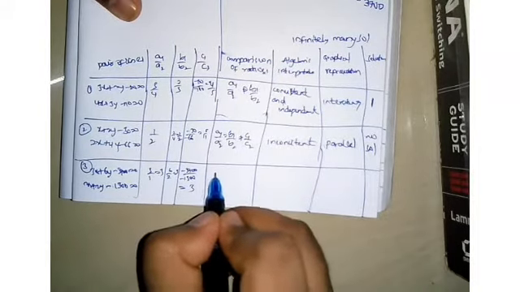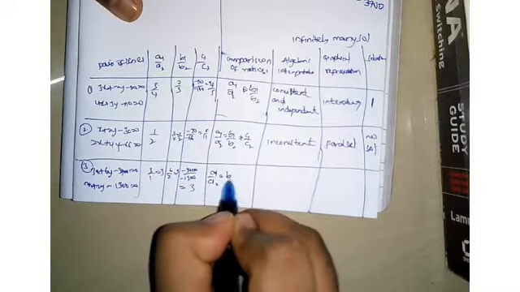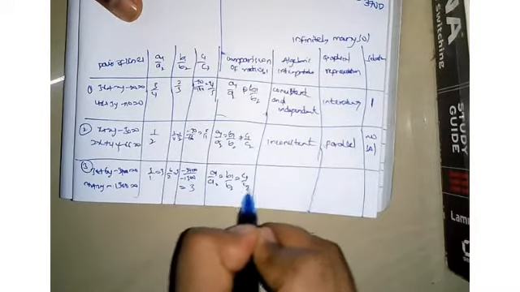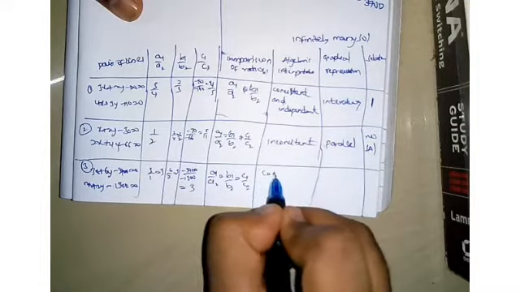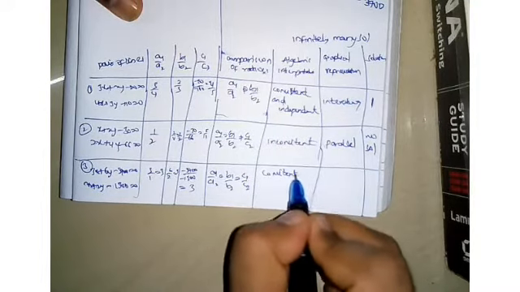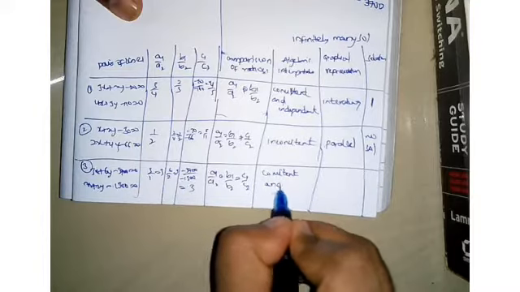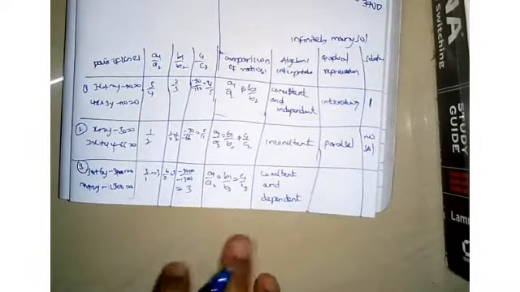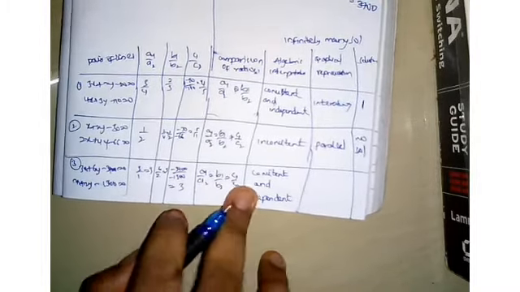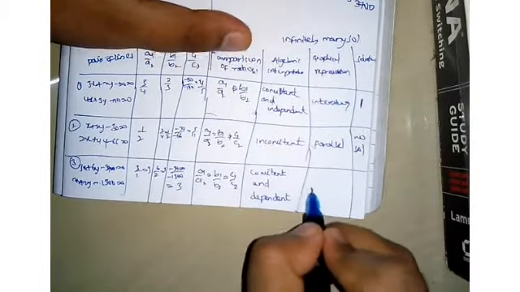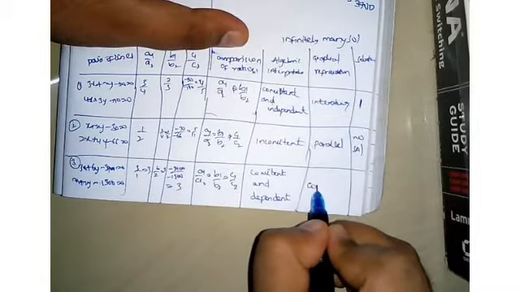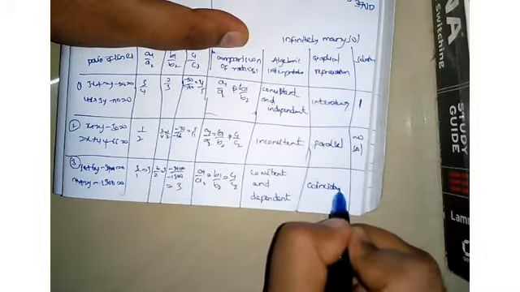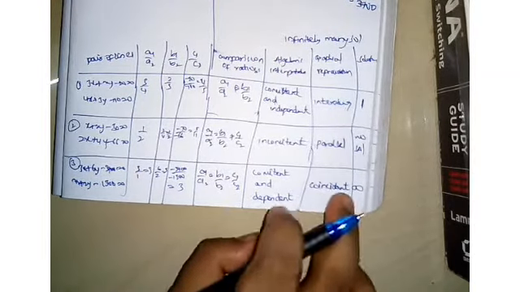So here the comparison is a1 by a2 is equal to b1 by b2 is equal to c1 by c2. So these are consistent, but these two lines represent the same line actually, and are dependent. One line is dependent on another. Since these two lines are the same, one line will be dependent on another and they are consistent. And the graphical interpretation is they are coincident. They have infinitely many solutions. Every point on the line is a solution for both equations.